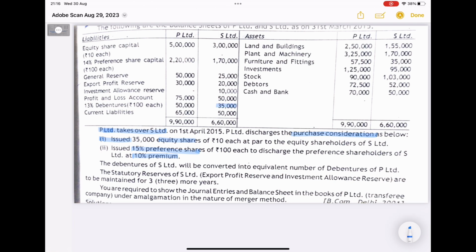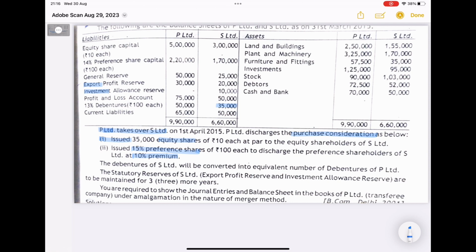So we are going to convert and show the entries. The statutory reserves of S Limited, export profit reserves and investment reserves are to be maintained for 3 years. So we are going to maintain these two reserves in P Limited.